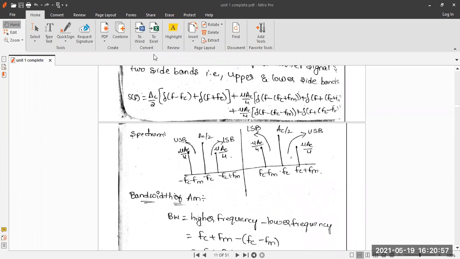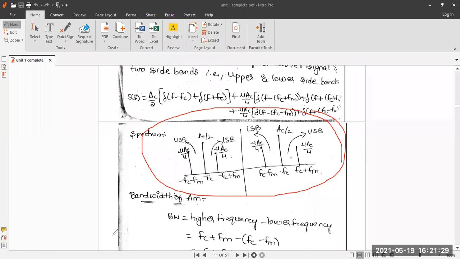So observe this spectrum once. If you observe the spectrum, we have to calculate some parameters of the single-tone AM equation. We have to derive some parameters for the single-tone AM equation.